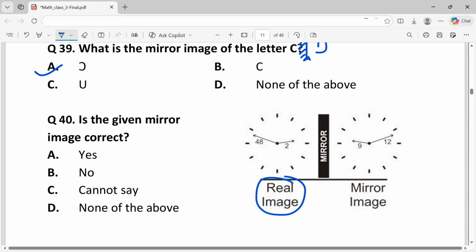So the time here is 2:48, which is correct. And for the mirror image, the hour hand is somewhere above 9. So the hour is 9. And the minute hand is down to 12. That is 12, which is also correct. So, yes.